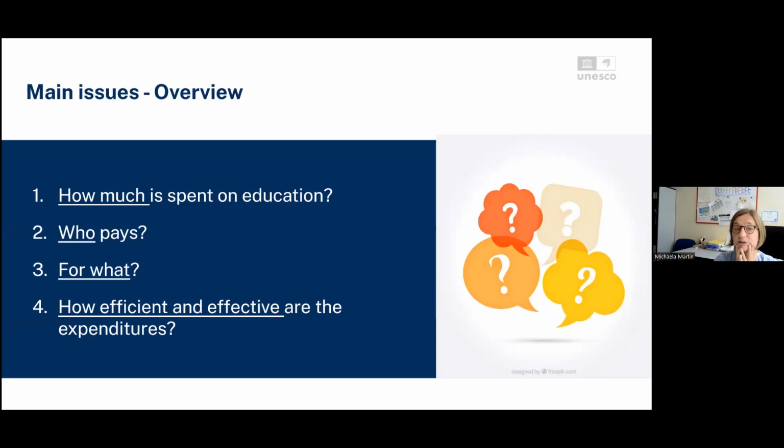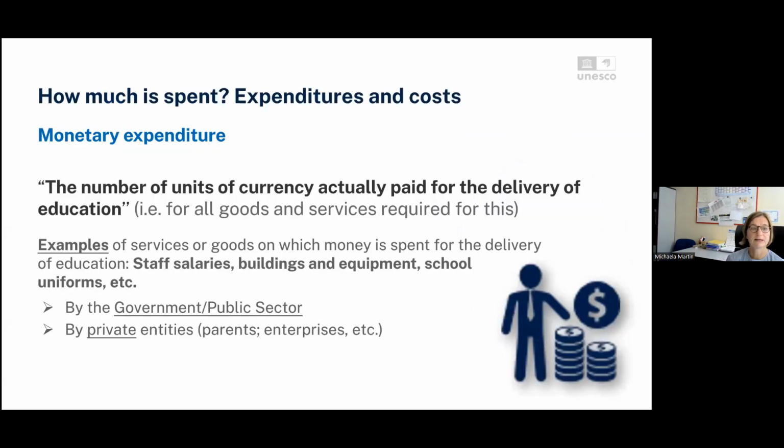Who pays for it? In other words, where is the funding coming from? What are the sources of funding? Number 3, for what is the funding allocated? And a 4th question, we have tackled that a tiny bit in our discussion already: how efficient and effective are resources allocated to the education sector? So how much, who pays for what, and how efficient and effective are resources allocated?